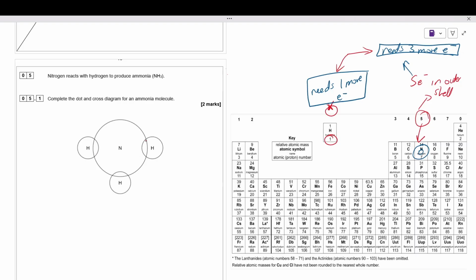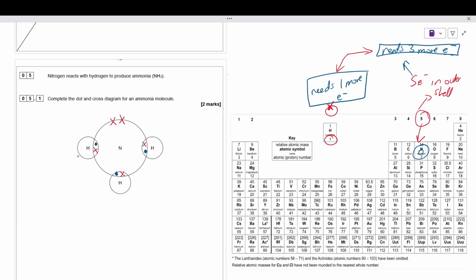So we have 3 overlaps, so it means that 1 electron from nitrogen will be in each, and this is 3, 4, 5. So those are from your nitrogen. So your hydrogen needs 1 electron to be stable. So it means therefore that hydrogen will only have 1 overlap, and that 1 electron for hydrogen will be in those overlaps.